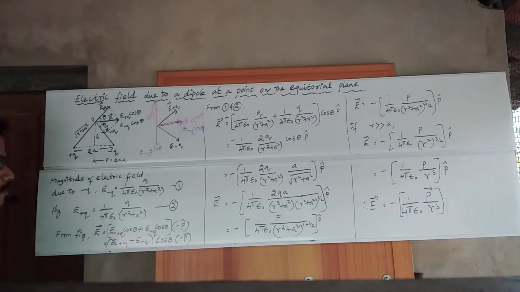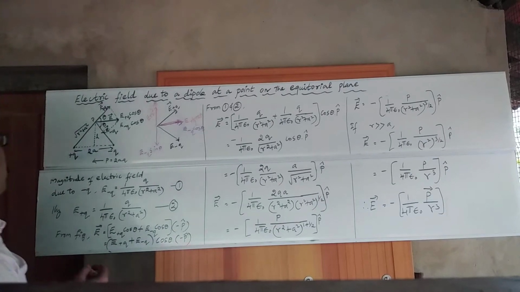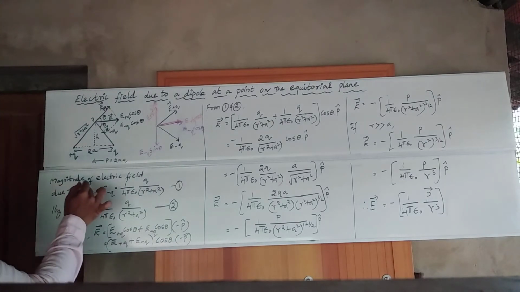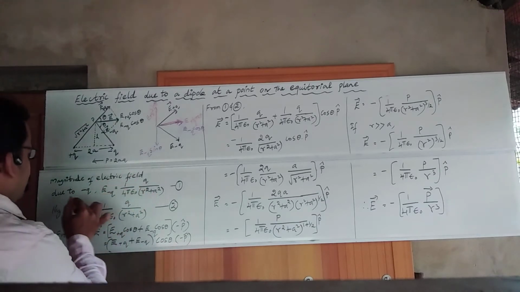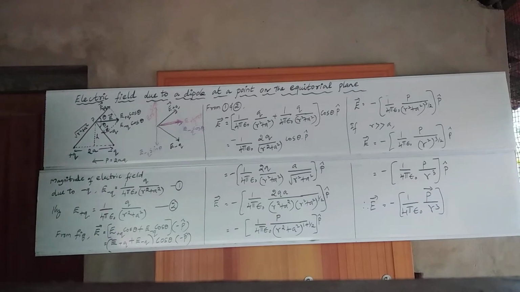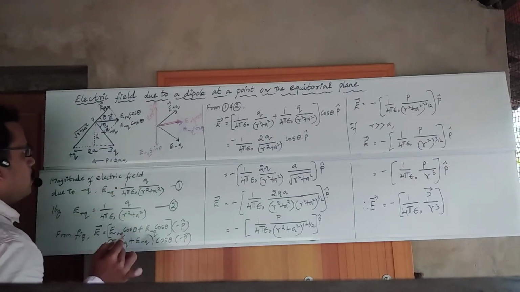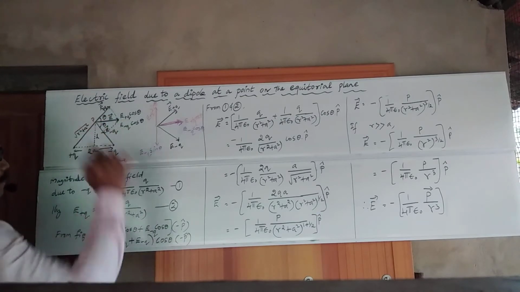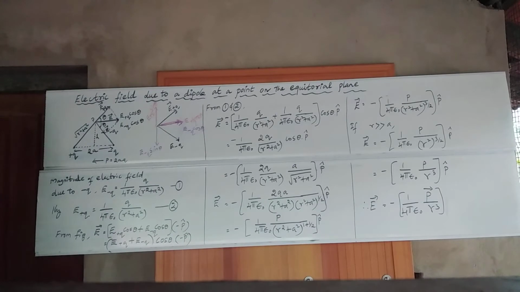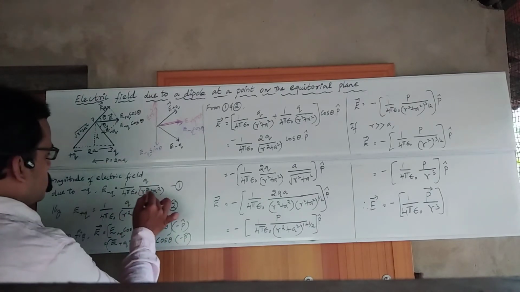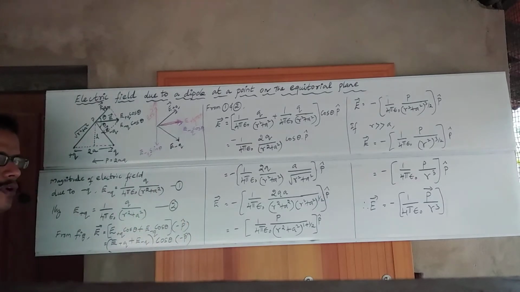And then what we have to do is write the equation for the magnitude of the electric field. Remember, it is only for the magnitude of the electric field due to minus q. We are considering magnitude only first. E minus q, magnitude of this, is 1 by 4 pi epsilon naught, q by r square plus a square. Why is it r square plus a square? You may have got a doubt.